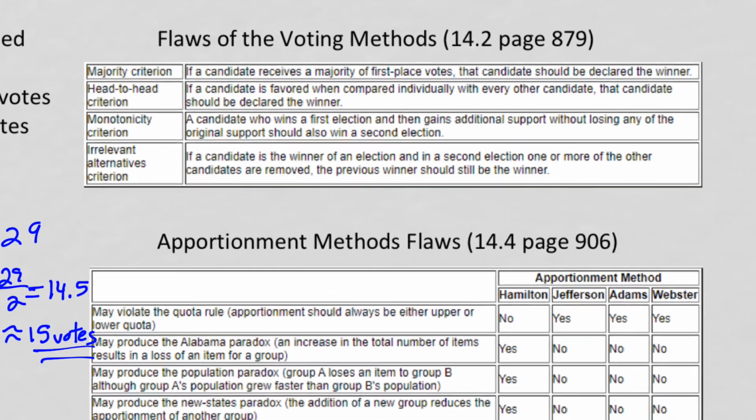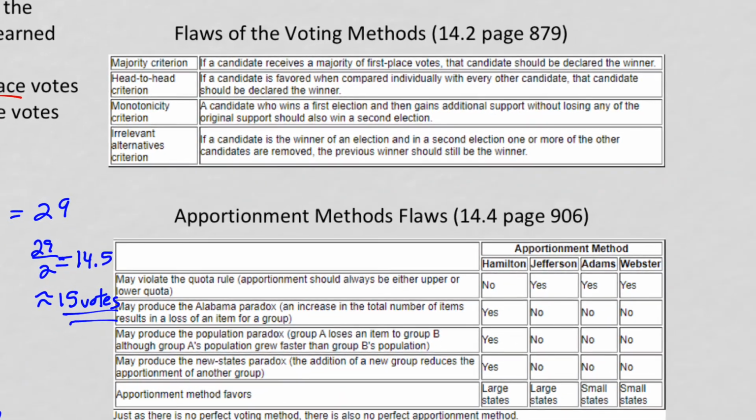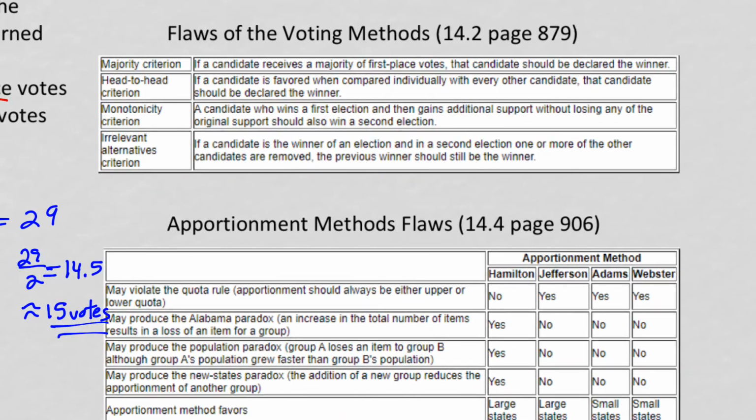Each one of these has a flaw, and so you just need to know and pretty much use this handout as you take your test as notes to match it up to the correct flaw for voting, which is majority criterion, head-to-head criterion, monotonicity criterion, and irrelevant alternatives criterion. Okay, just match it up.